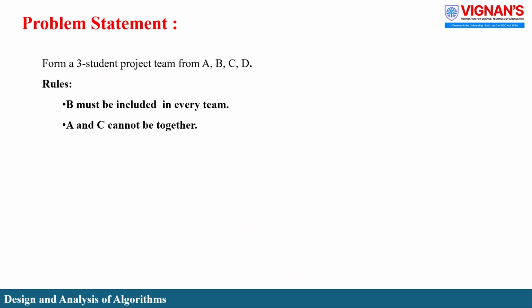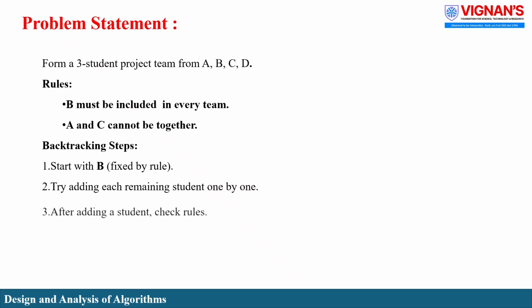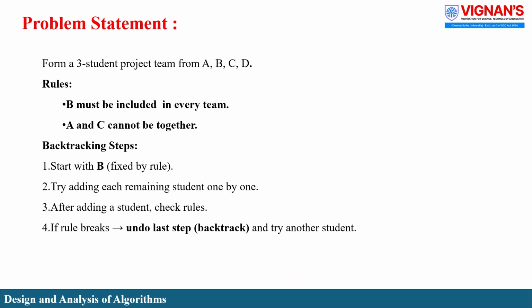To generate all valid teams, we use backtracking. We start with B because the rule fixes that choice and we cannot skip it. Next, we try adding the remaining students one by one. After each addition, we check whether the new team still follows the rules. If a rule is broken, for example, if A and C appear together, we immediately undo the last step.